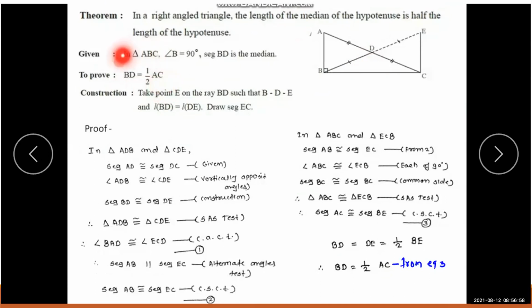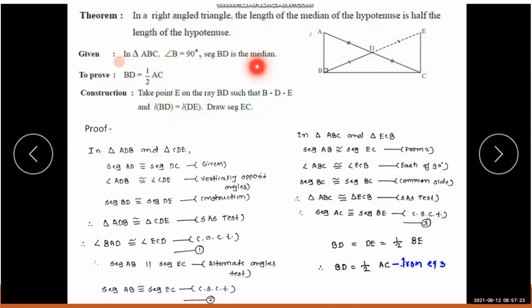Now that is what we have to prove. Now write the given for it: triangle ABC is given. As it is a right angle triangle, angle B is 90 degrees and BD is the median.